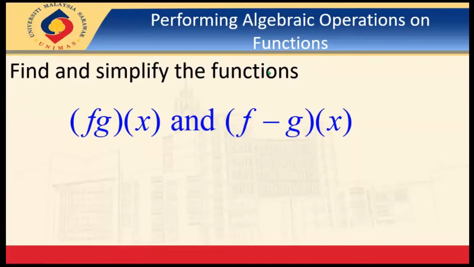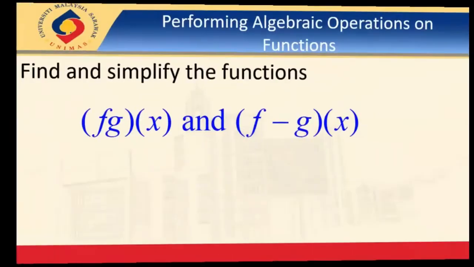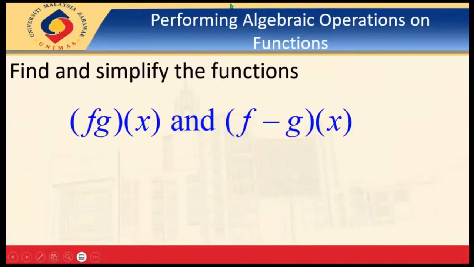Okay, let's continue. Let's go together. Can anyone help me? What is the value of g of x? The value of g of x is x square minus 1. And the other one is, I think, x minus 1, right? So x square minus 1 will be g of x.